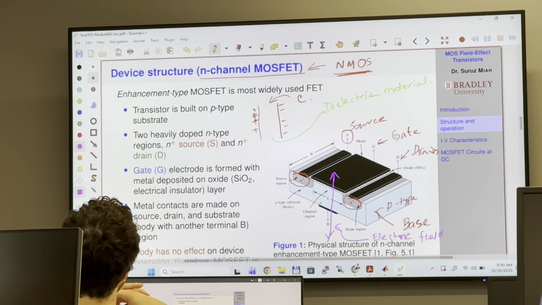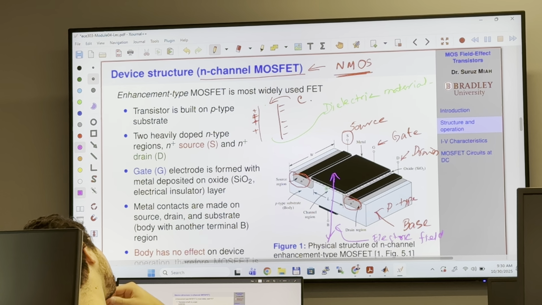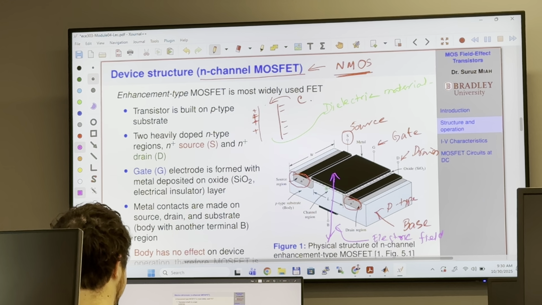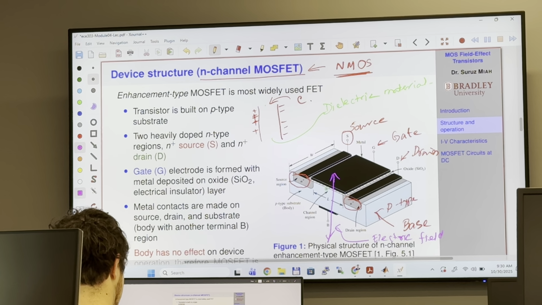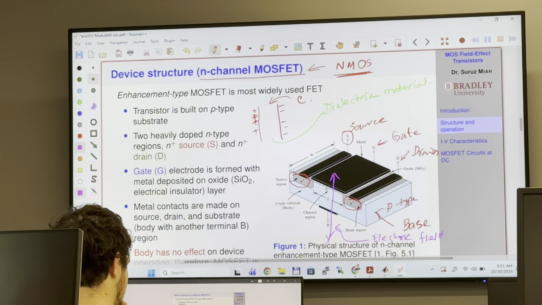You can just think of these two plates with silicon dioxide in between, and because of this an electric field is generated, and that is the reason it is called field effect. So there is a dielectric material, and because of that an electric field is created, and that is why it's called field effect.